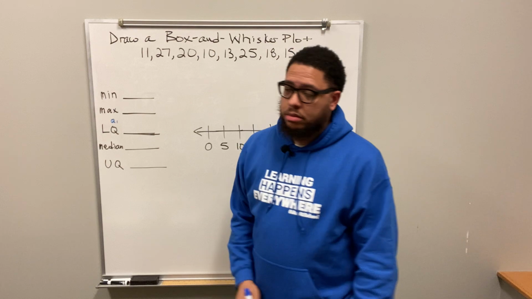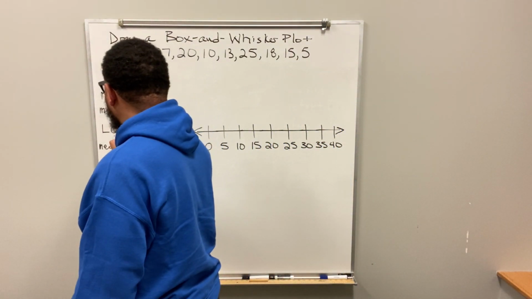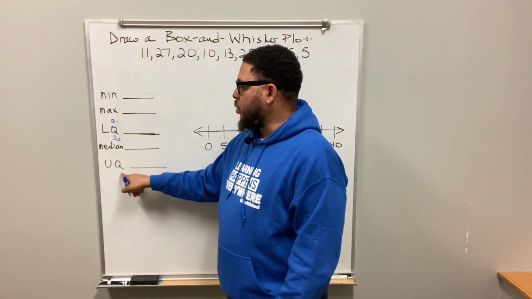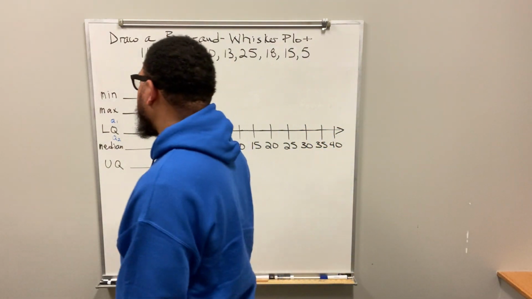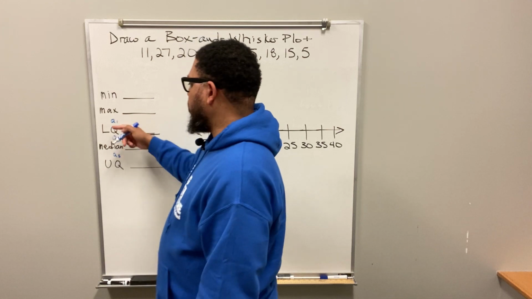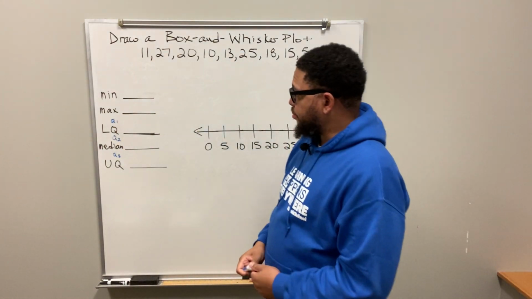We need the median, which some textbooks might call Q2. And you need the upper quartile. The UQ stands for upper quartile, and in some textbooks, that might be called Q3. So lower quartile, median, upper quartile, the minimum, and the maximum.